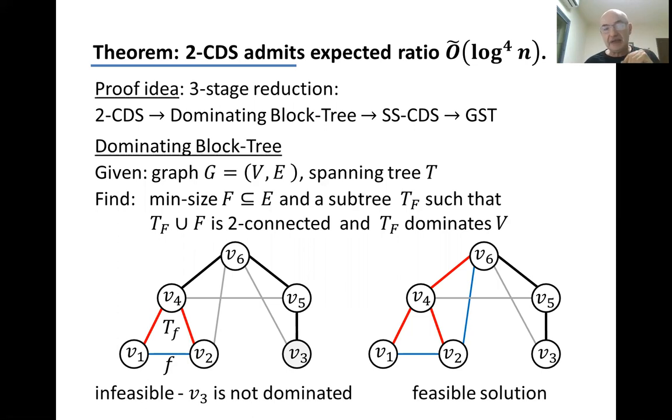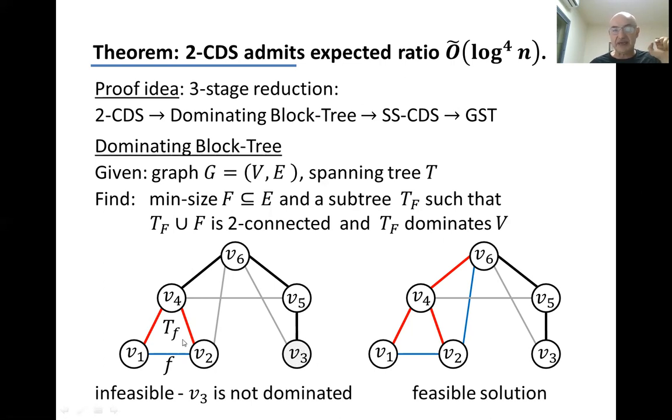So for example, if we consider this instance, and we pick just a single edge, F, the blue edge, and we take also the subtree of the red edges, this solution will not be feasible because the nodes of the subtree that we have chosen do not dominate one vertex, which is the vertex V3.